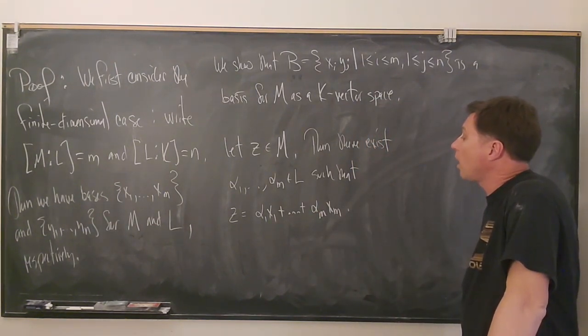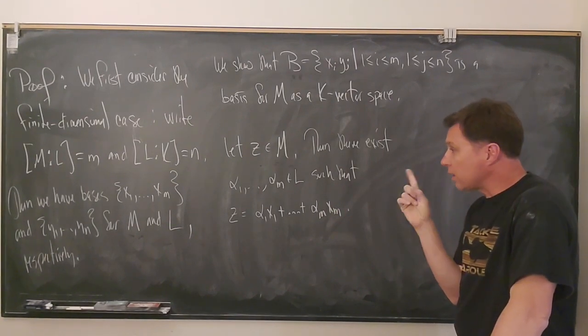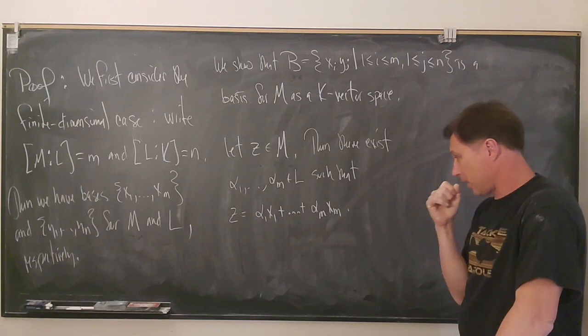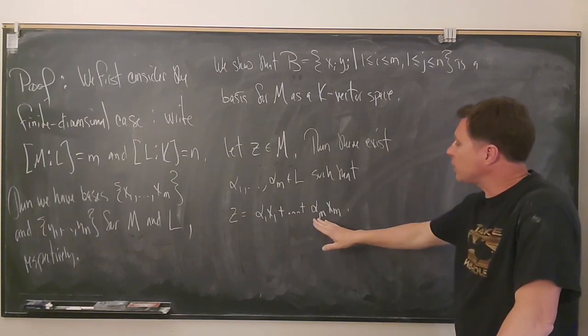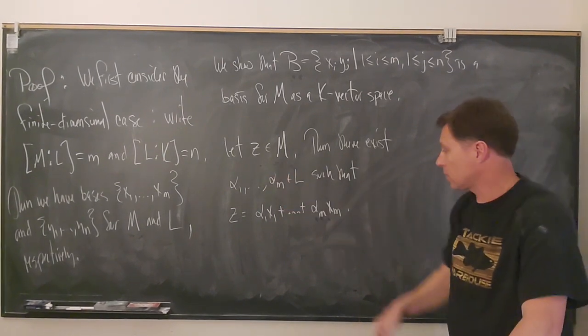Fine. But each of these alphas lives in L, and L is a vector space over K, which means that each of these alphas can be expressed as a linear combination of the y's.